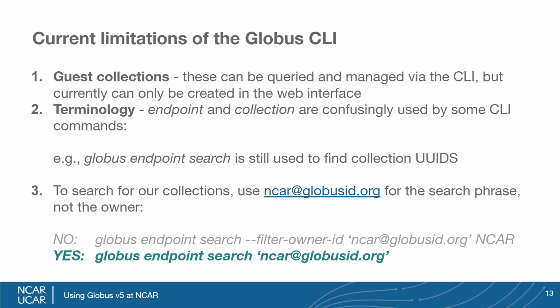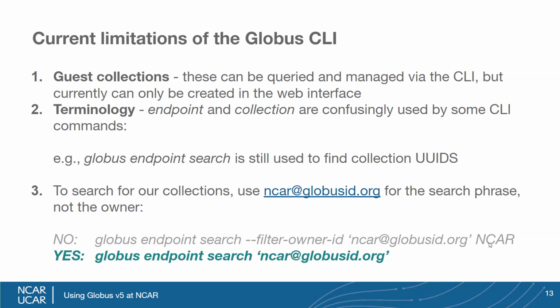And then the other thing that's a bit confusing as well is for those who have used these commands to search for our collections. In the past, you would have been able to do Globus endpoint search, filter, and then use this filter owner ID flag and give NCAR at globusid.org, and then a search string, and that would show all of the ones that we deploy.